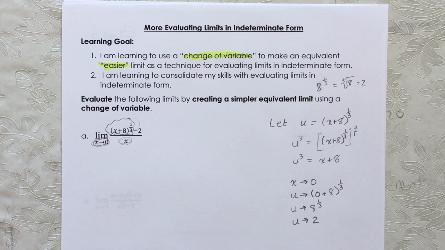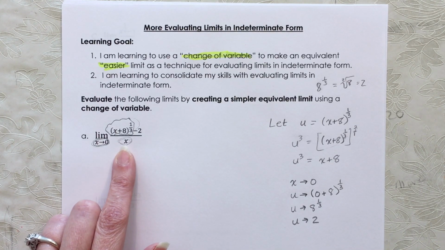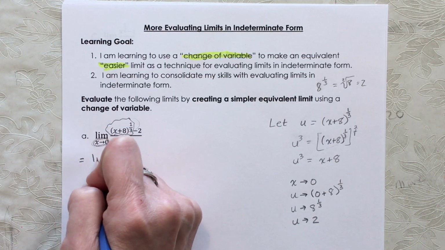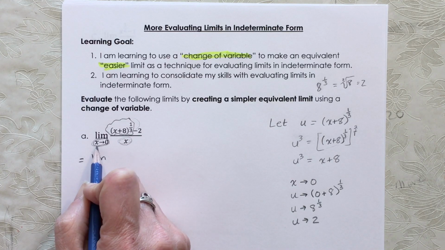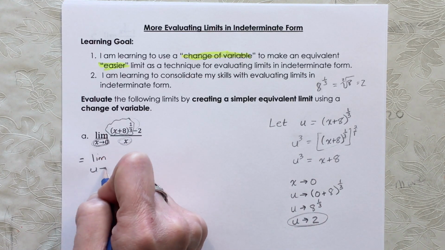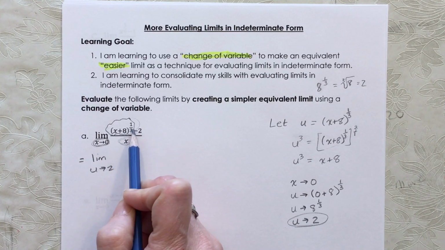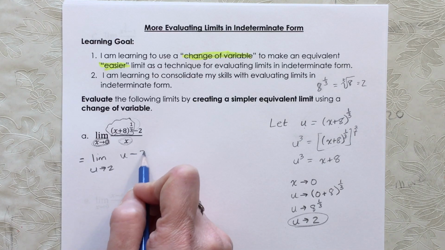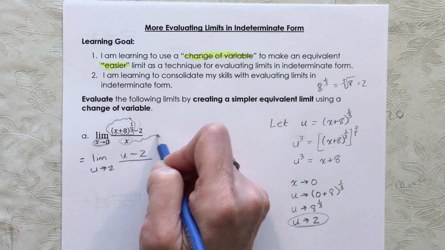Okay, so now we're ready to do this changeover. We're going to change this limit that looks pretty stressful, and then hopefully the new one will look easier to solve. So we change x approaches 0 to u approaches 2. (x plus 8) to the 1/3 is u. We still have the minus 2. And then how do we do this x?